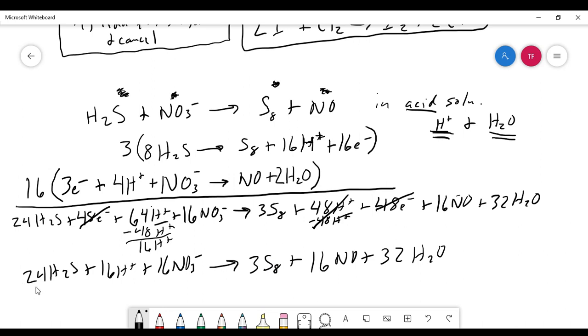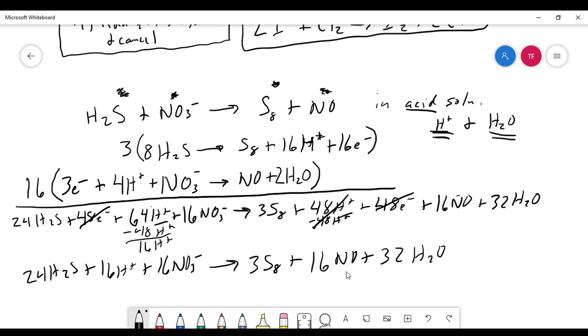So on the left, we have 24 times 2, 48 hydrogens here, plus 16 hydrogens here, so 48 plus 16 is 64. And over on the other side, 32 times 2, 64 hydrogens. That checks. 24 sulfurs, 3 times 8, 24 sulfurs. 16 nitrogens, 16 nitrogens, and 48 oxygens, and 16 plus 32, 48 oxygens.